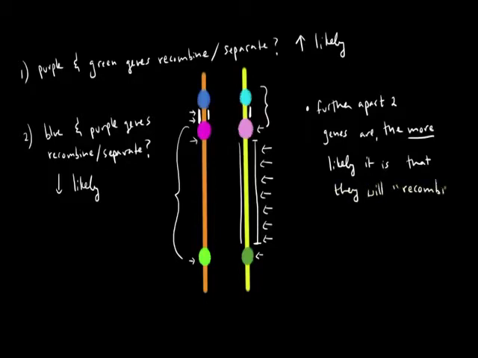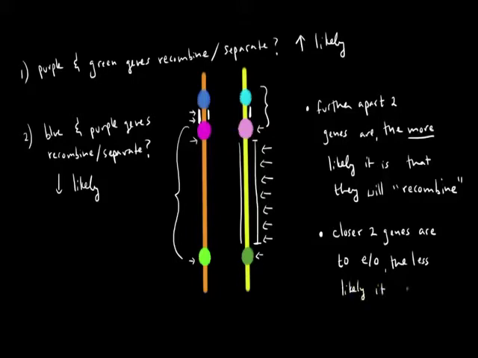And again, when I say recombine, I mean that two genes that were originally on the same chromosome get separated. And then the next thing we learned is that the closer two genes are to each other, the less likely it is that they will recombine.